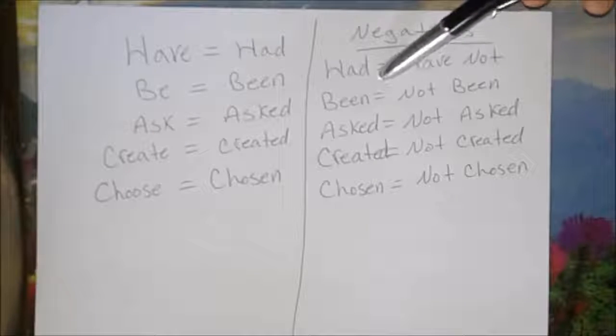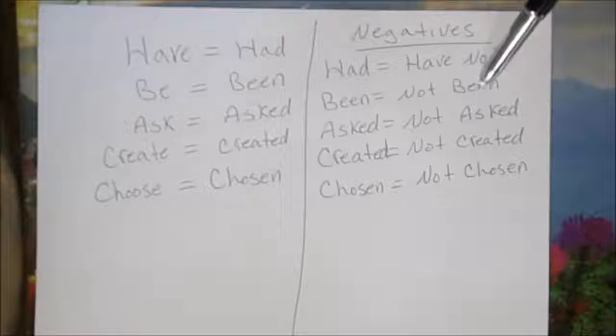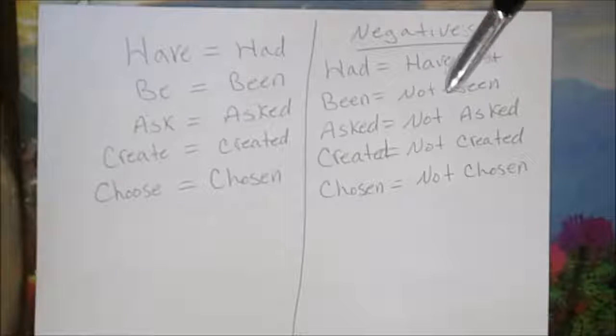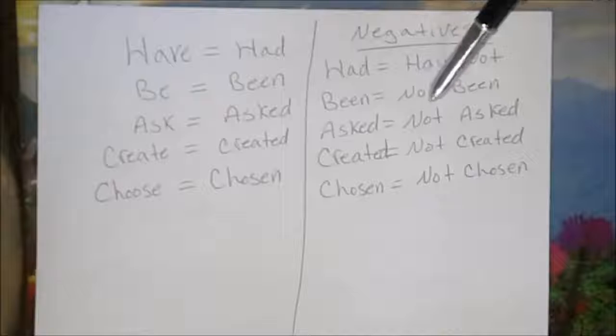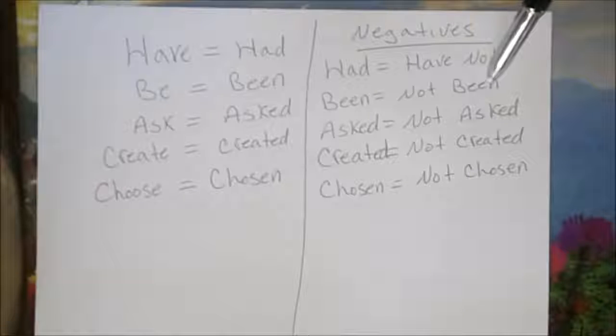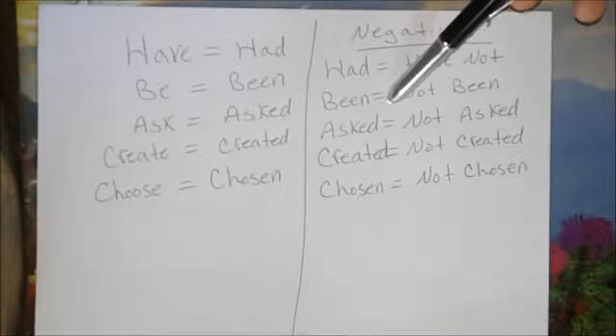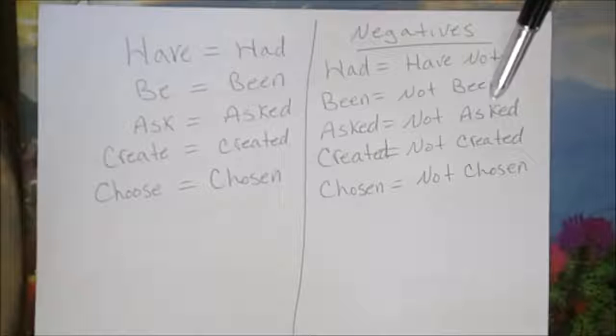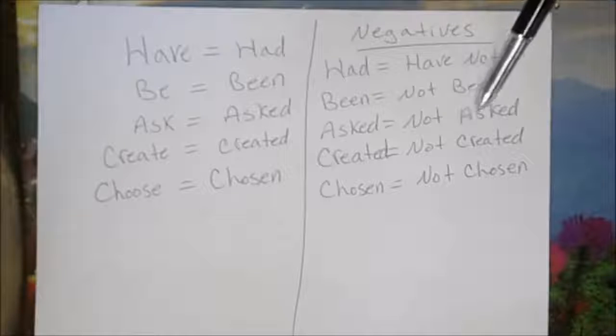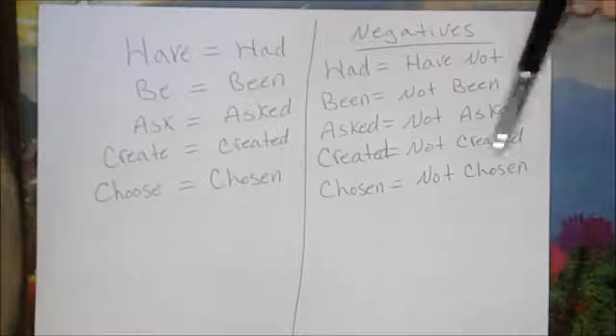Been becomes not been. She has been learning a lot becomes she has not been learning a lot. Ask becomes not asked. She has asked for more lessons becomes she has not asked for more lessons.